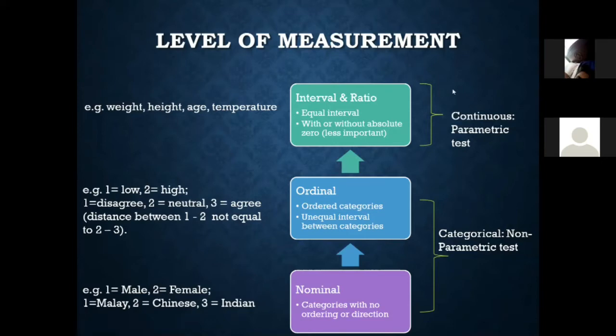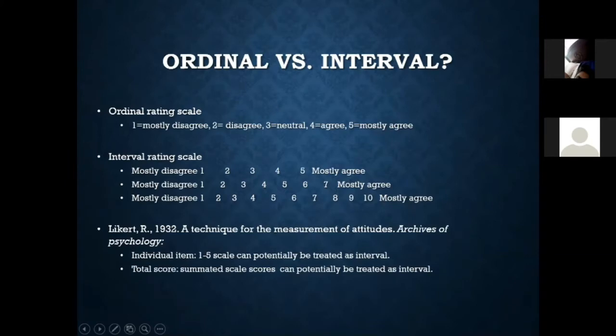Okay, so let's move on. This is still in the context of rating scale. If you have your rating scale, you need to decide whether your rating scale is ordinal or interval.